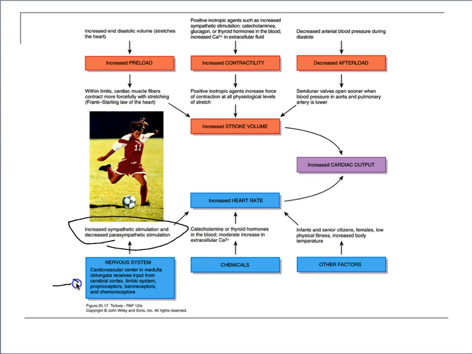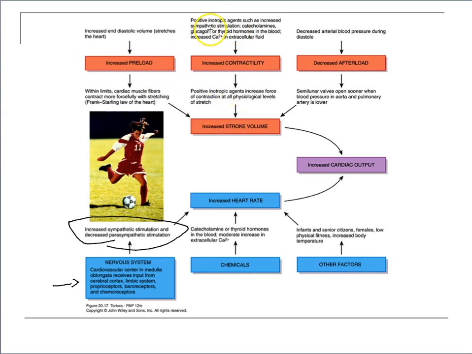The cardiovascular center is measuring all of these to increase heart rate. The hormones that are required for that actually do increase heart rate, and therefore you increase cardiac output. Simultaneously, inside the heart itself, that increased end diastolic volume increases preload, which means as long as it's within limits, the cardiac muscle fiber is going to contract more forcefully, increasing stroke volume.